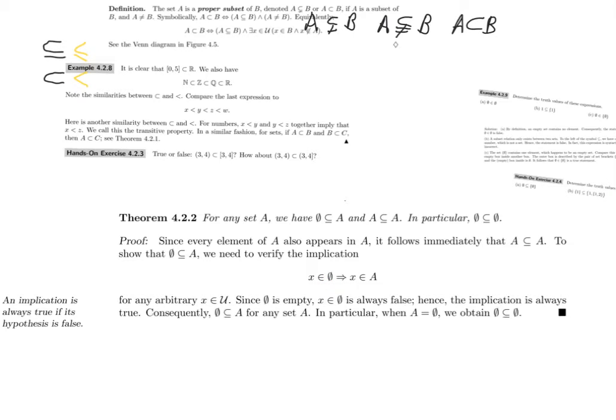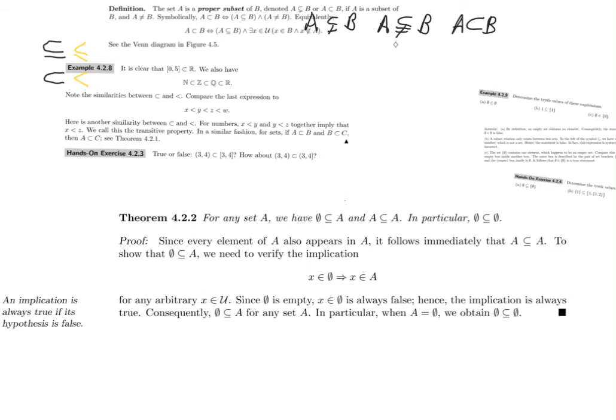But what you can take from that is the fact that when you say x is in the empty set, that's automatically going to always be a false statement. And notice we have an implication and the premise of it is false. So what does that say about the whole implication? What is its truth value?